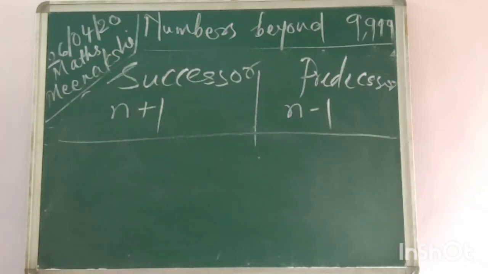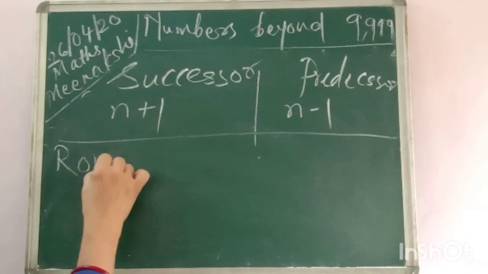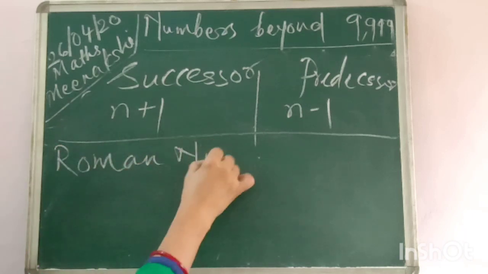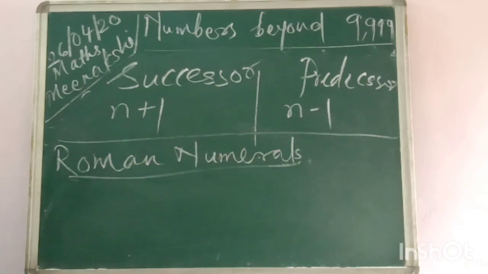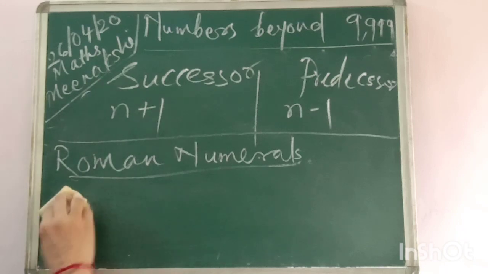Now let us see Roman numerals. Last time I gave you all the rules of the Roman numerals, and by following those rules, you can write large numbers. Now let's first see what the Hindu Arabic numerals are.